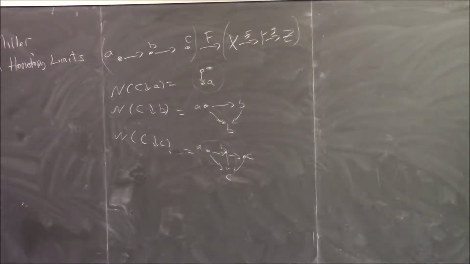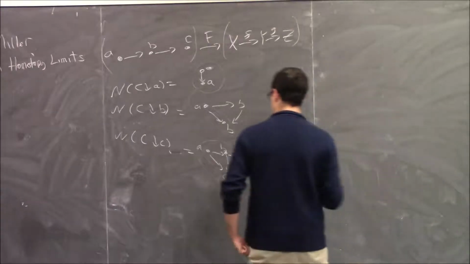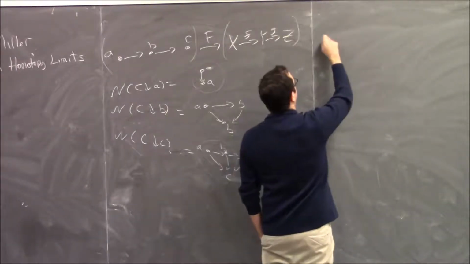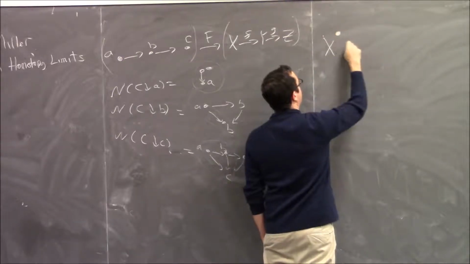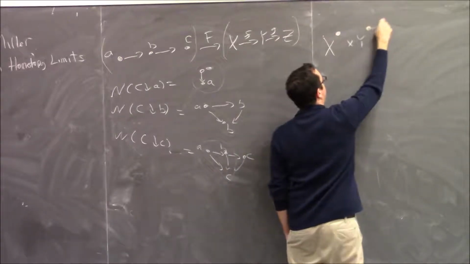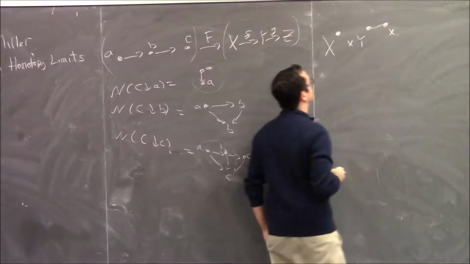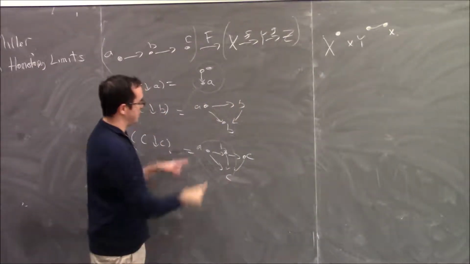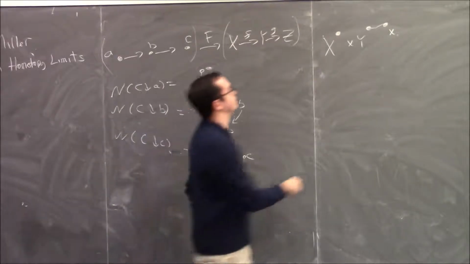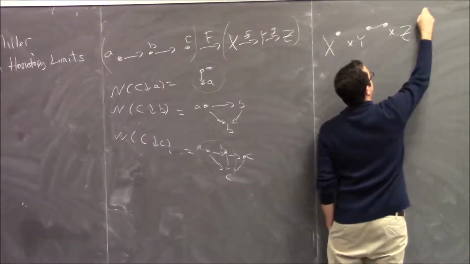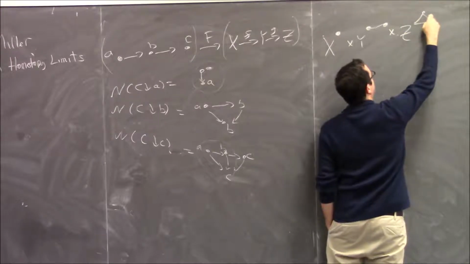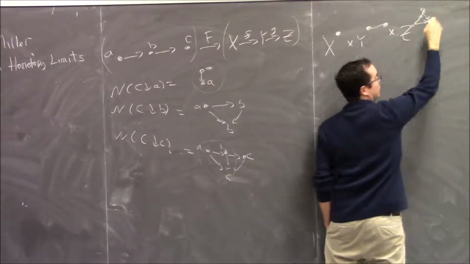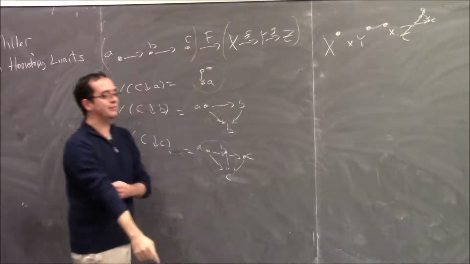So along the B to C arrow. Oh, I see, yeah. We're mapping the curves.